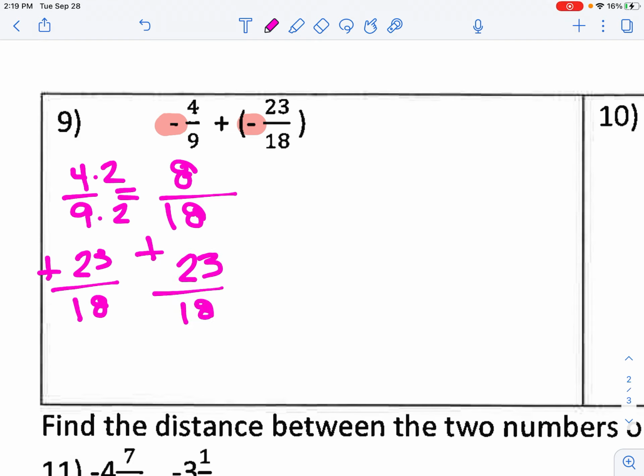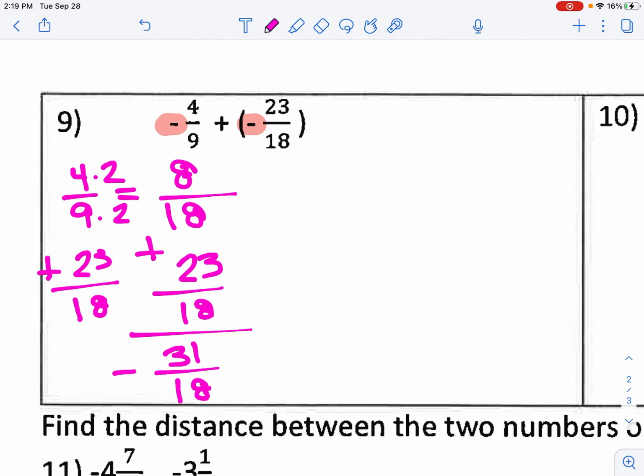So you've got 8/18 plus 23/18. So 23 and 8 is 31/18. Go back up and check your signs. Anytime you're finding the sum of two negative numbers, your answer is going to be a negative.